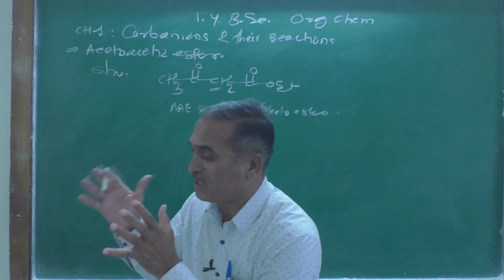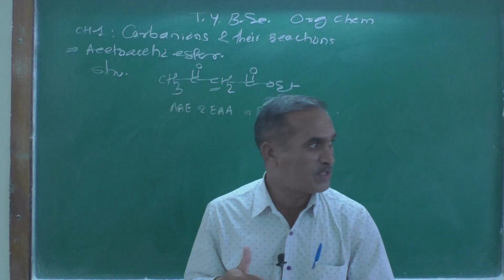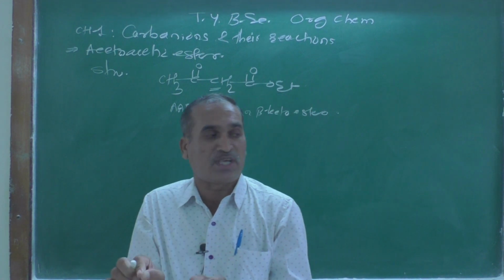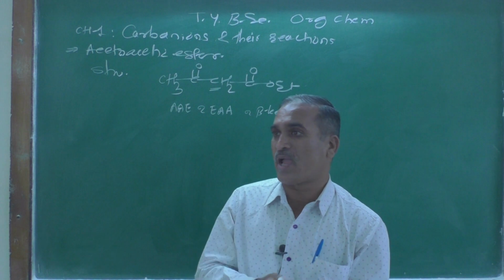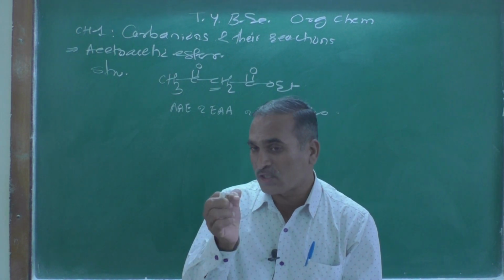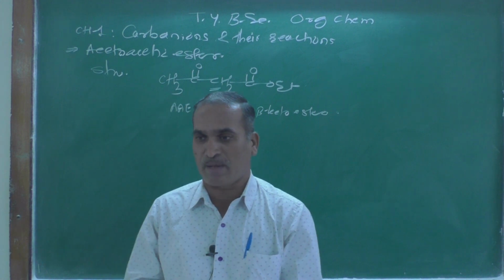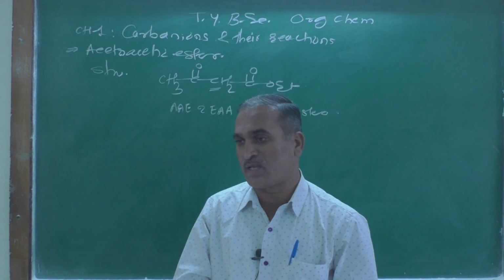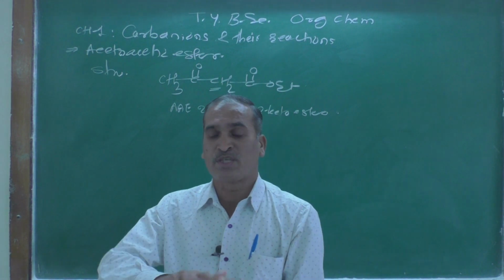And why is it synthetically useful? Because it contains a reactive methylene group, and the property of that reactive methylene group is that it easily forms the carbanion. Once that carbanion is formed, it is called a nucleophile.